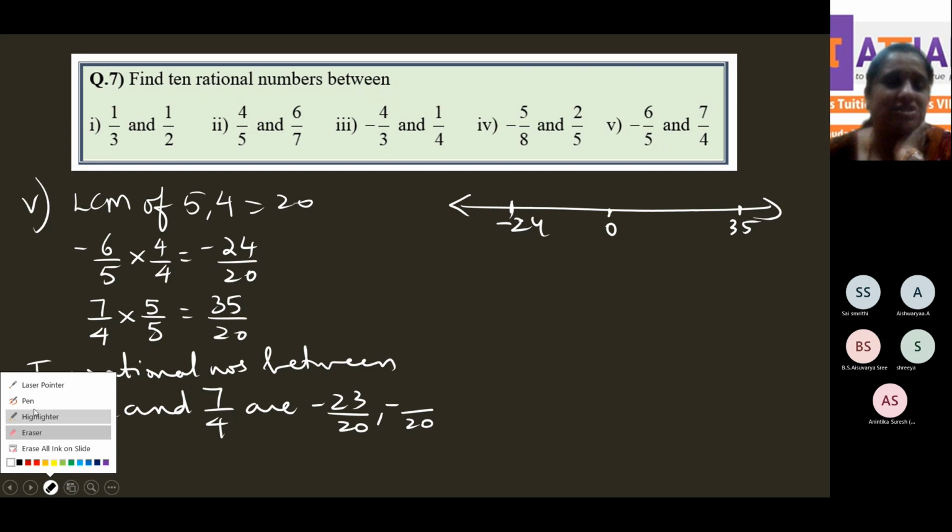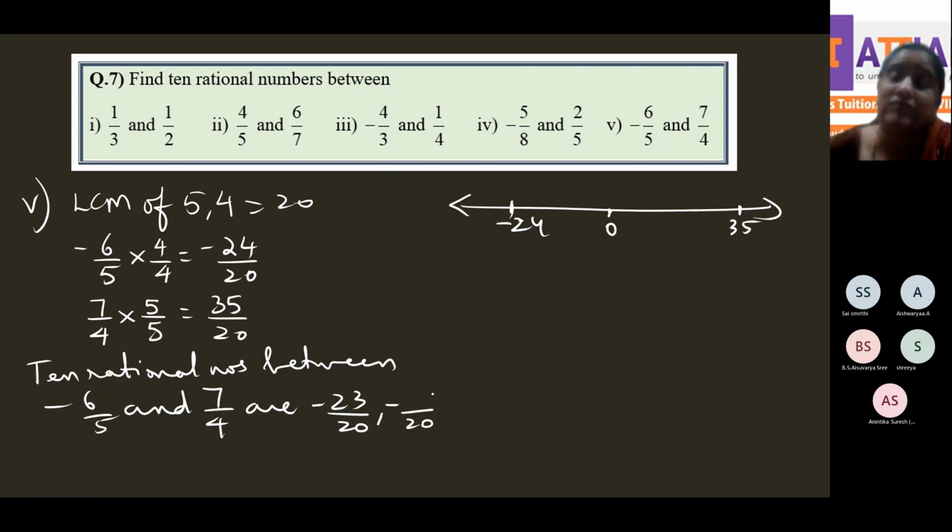Choose rational numbers which need not be simplified, which are already in the simplest form. So don't write 22 by 20 because you'll have to reduce it to minus 11 by 10. So now that we have many numbers, we'll choose numbers which are already in the simplest form.